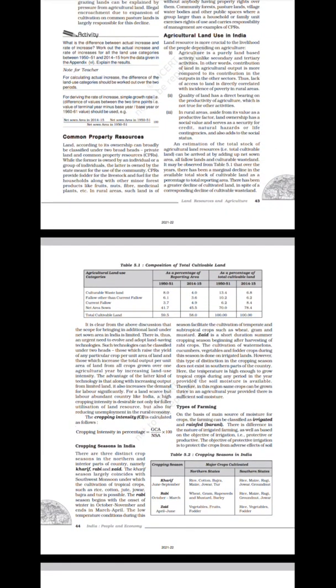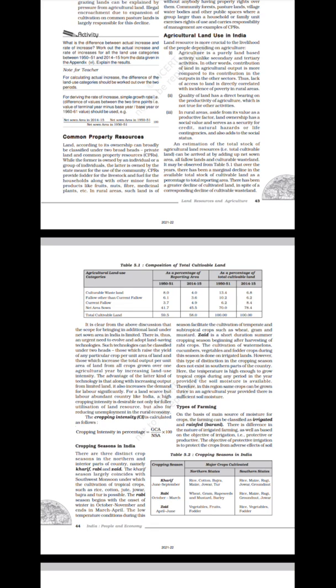Take a look at table 5.1, composition of total cultivable land. Agriculture land use categories as a percent of reporting area, 1950 to 51, 2014 to 15. As a percentage of total cultivable land, 1950 to 51, 2014 to 15. Cultivable wasteland 8.0, 4.0, 13.4, 6.8. Fallow other than current fallow 6.1, 3.6, 10.2, 6.2.